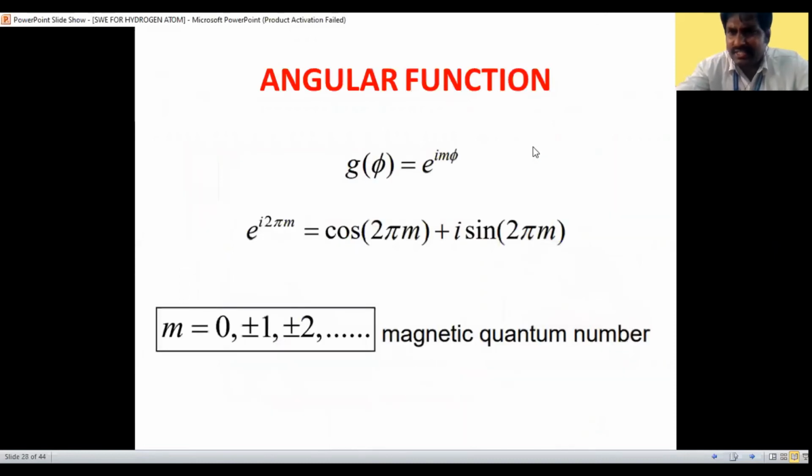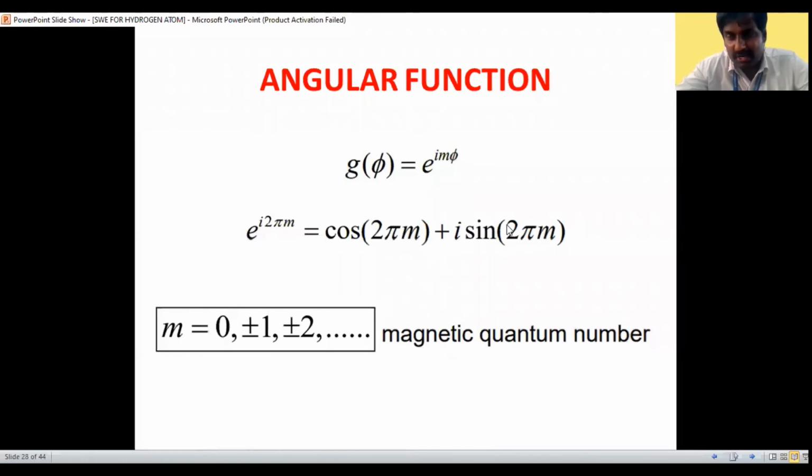In the angular wave function, there is one more, G of phi equal to e power i m phi, and m values are 0, plus or minus 1, and plus or minus 2, and here phi will be up to 2 pi. Then if you substitute that, you get this equation, and a similar equation we have seen in our Schrodinger wave equation for the one-dimensional box also: cos kx plus i sin kx.